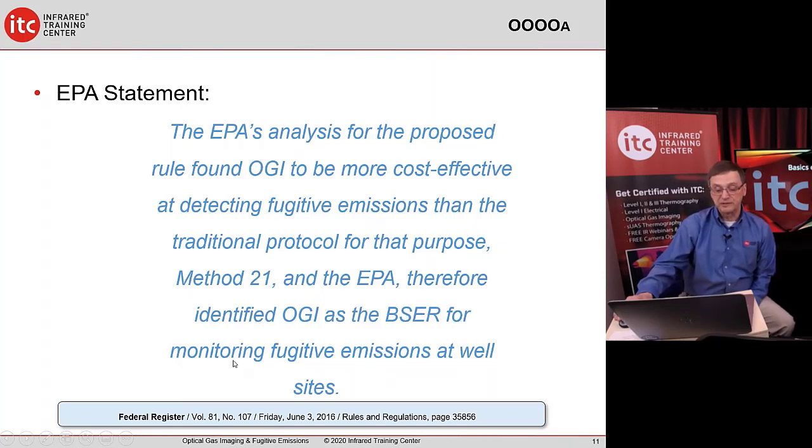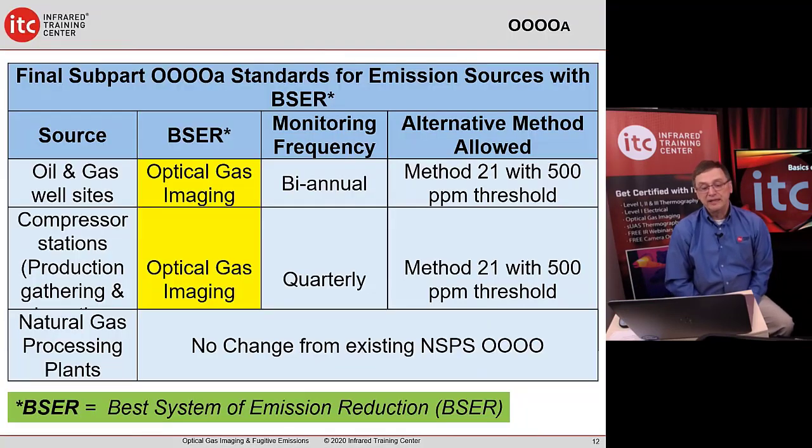And there's the reference to the federal regulation in the Federal Register. And so in their final subpart, they recommended oil and gas well sites be inspected twice a year, compressor stations quarterly, and the natural gas processing plants had no existing change from that regulation.